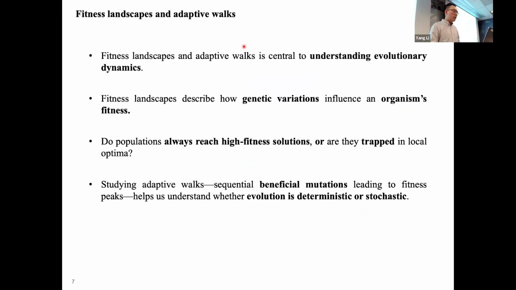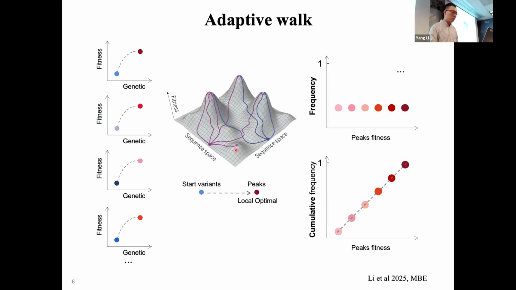So why should we learn the fitness landscape and the adaptive walk? From these two concepts, we could understand the evolutionary dynamics and adaptive evolution, and how genetic variants influence organism fitness. With the adaptive walk, our question is whether the population always reaches the high fitness peak, or, when there are lots of low peaks, like these two, whether it gets trapped in a low peak.